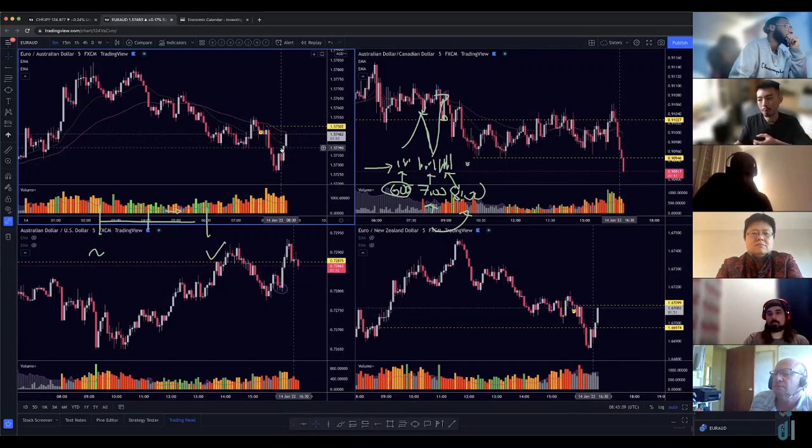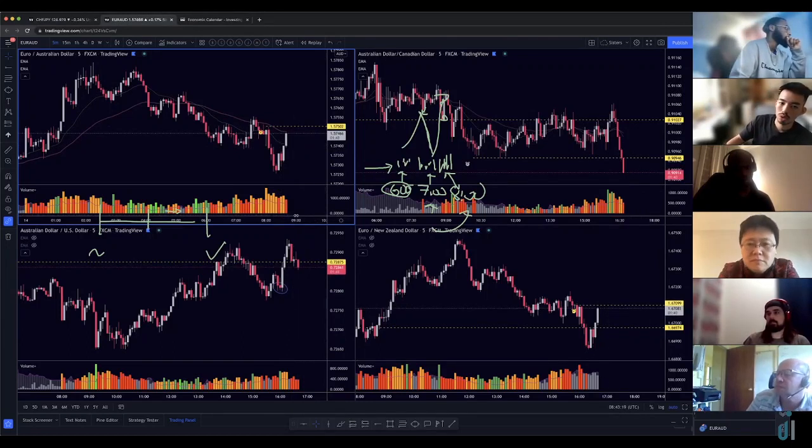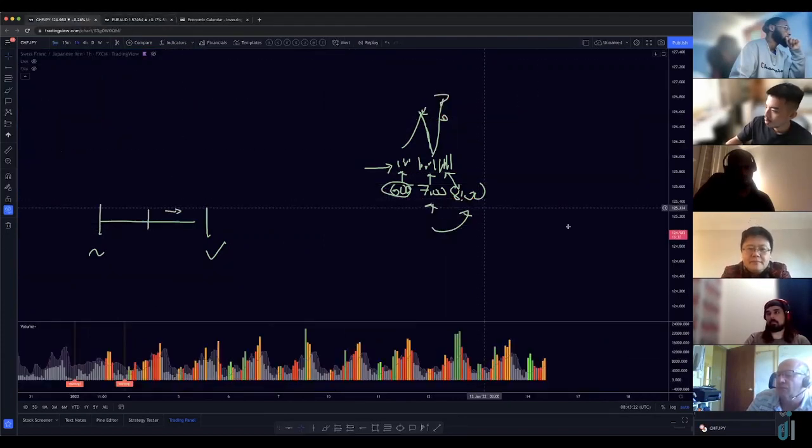So we match all that with the price action to see which direction they are trying to choose. If that makes sense. Does that make sense?